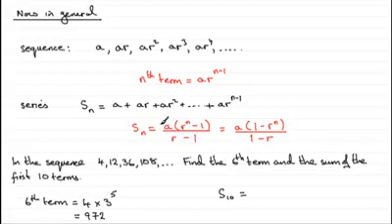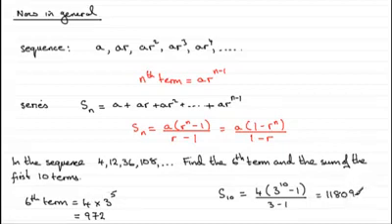So for S10 it will be a, which is the 4, times the common ratio 3 to the power n, 3 to the power 10 in this case, take 1, and then it's divided by r minus 1, 3 take away 1. Work that out on your calculator, and what you should find you get is that it comes to 118,096.